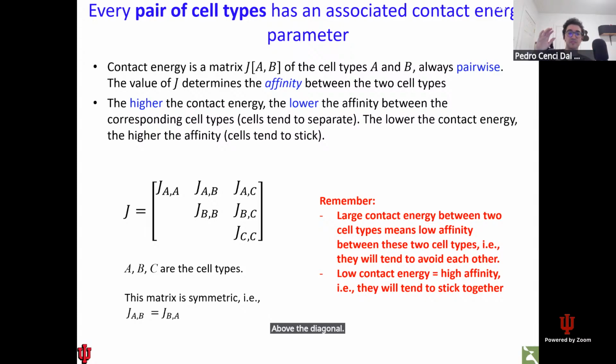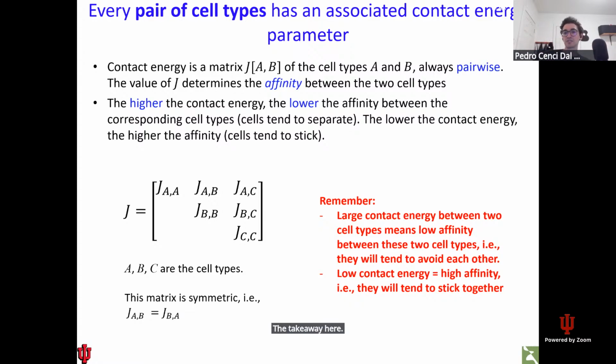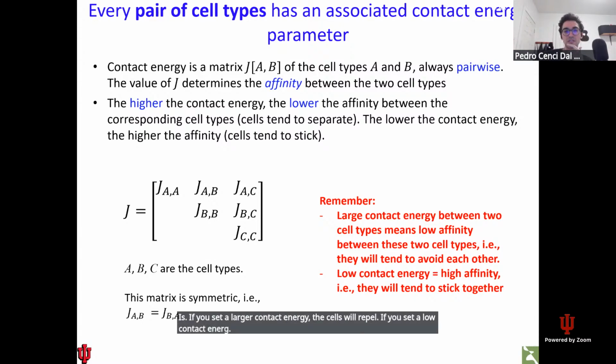So you have the contact energy between cells of type A, between cells of type B, between cells of type C, and all the combinations, A with B, A with C, B with C. The takeaway here is if you set a larger contact energy, the cells will repel. If you set a low contact energy, the cells will stick together.